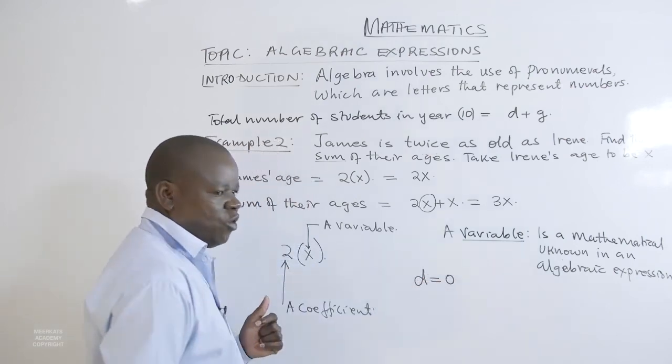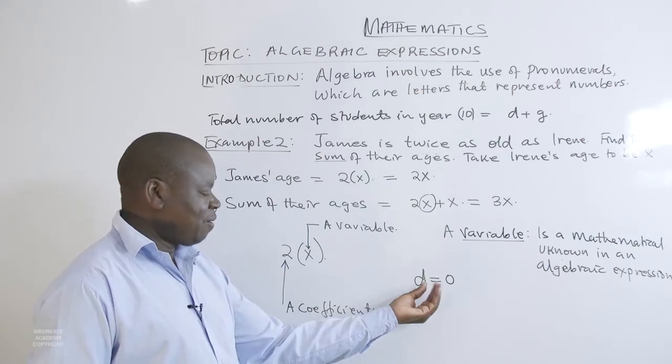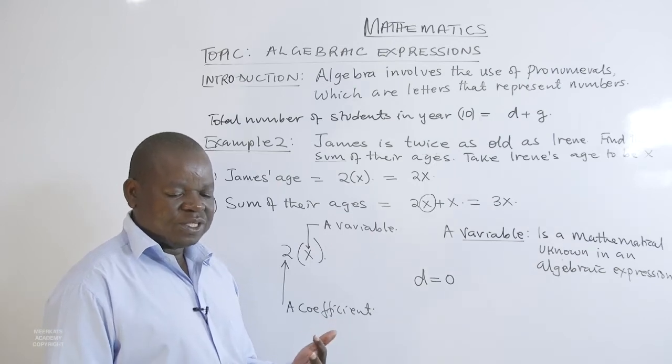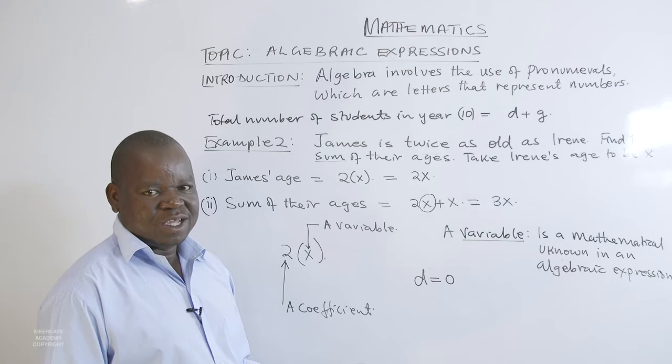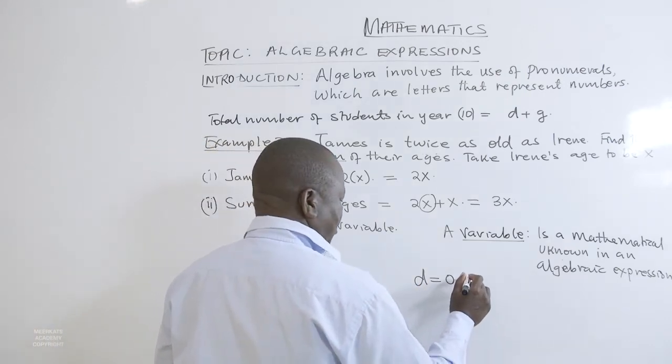We can have no boys in that class, that is the starting point. We go to that class and find there are no boys. So D is 0.